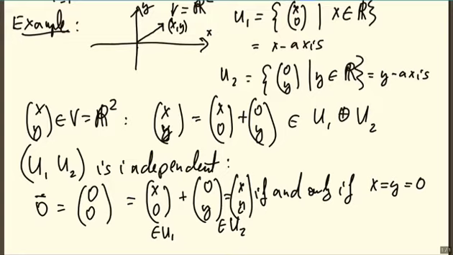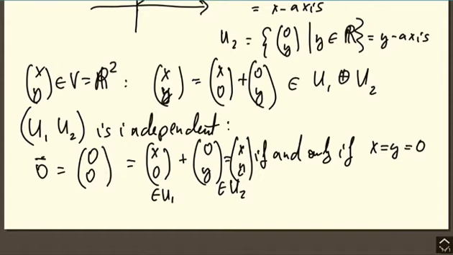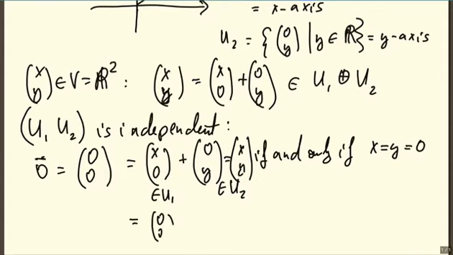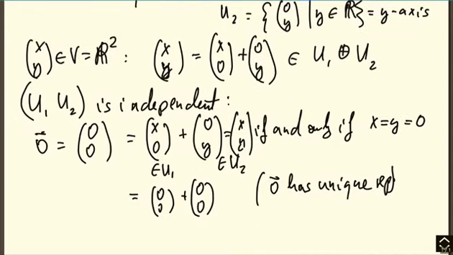And comparing the xy vector to the 0, 0 vector, both of these vectors must be the 0 vector. So this 0 has a unique representation. That means U1, U2 is independent, and that means that U1 plus U2 is actually a direct sum. So all the representations are unique for all vectors.